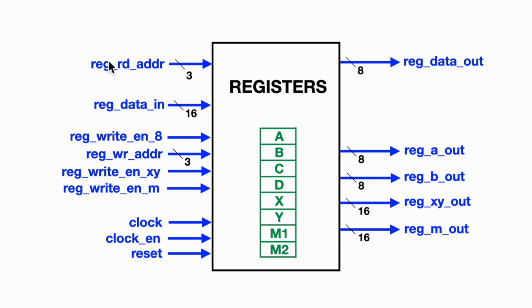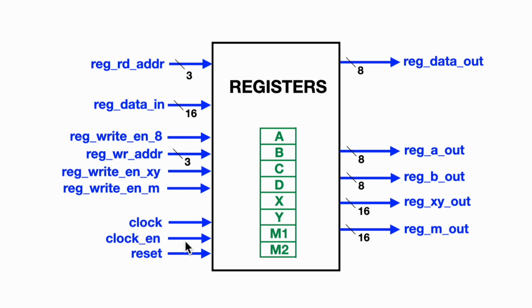And we can also select a register, so the register read address, which is 3 bits, goes in, and combinationally the value of the selected register is coming out. We have 8 registers, so the 3 bits form an address, if you will, with A being address 0, B being address 1, and so on, with M2 being address 7.